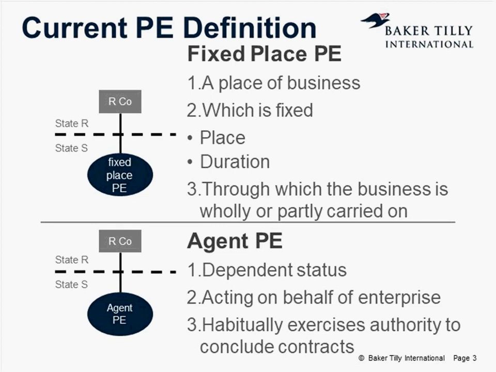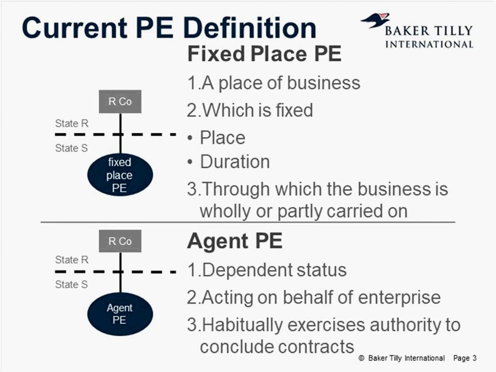As you all know, currently creating a permanent establishment, a PE, can be triggered mainly by a fixed place of business or an independent agent. So we would use these most popular cases as a starting point if we look at any changes that might occur by the BEPS plan.